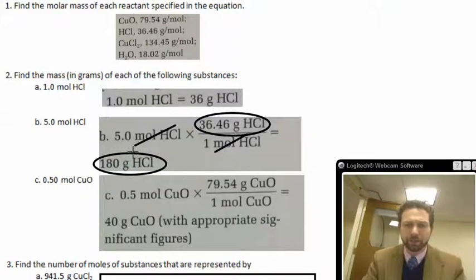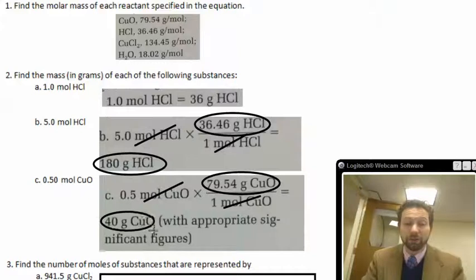Again, we're using a conversion factor, crossing out moles, leaving grams, and our answer is 40. For the time being, do not worry about significant figures.